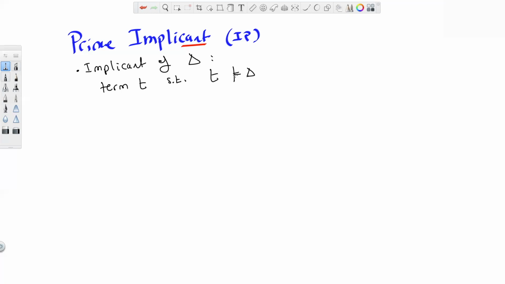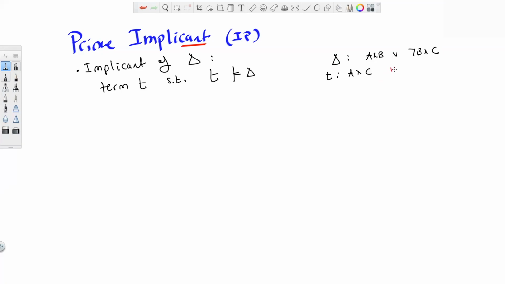All right. So if I have my delta as, let's say, A and B, or not B and C, you will find in this case that this term, which happens to be A and C, is an implicant.